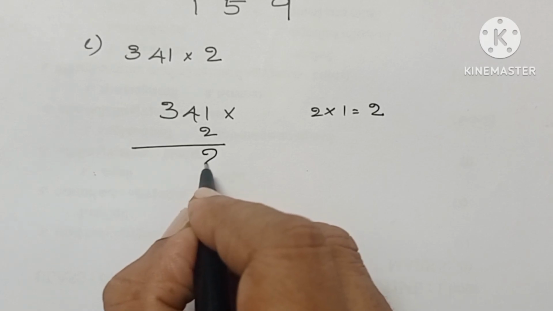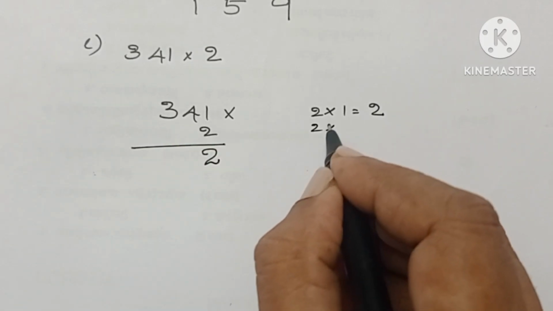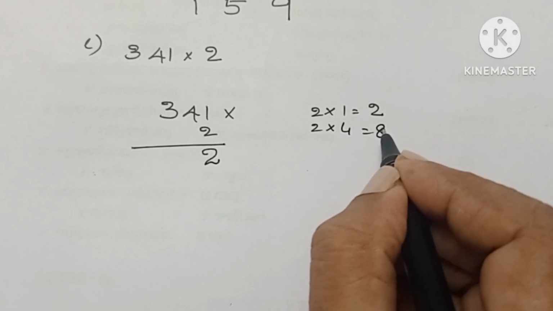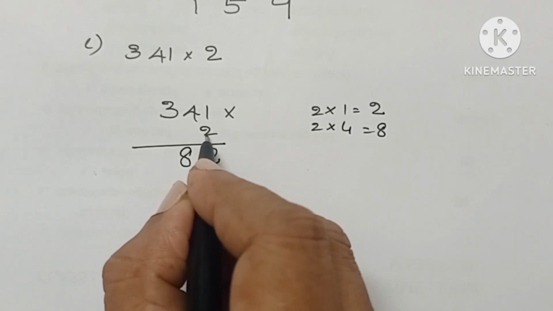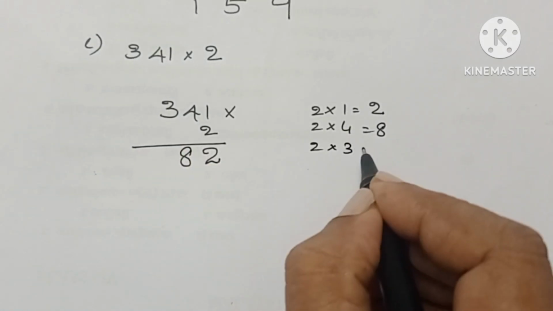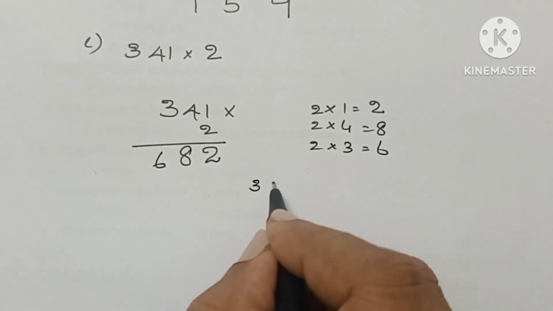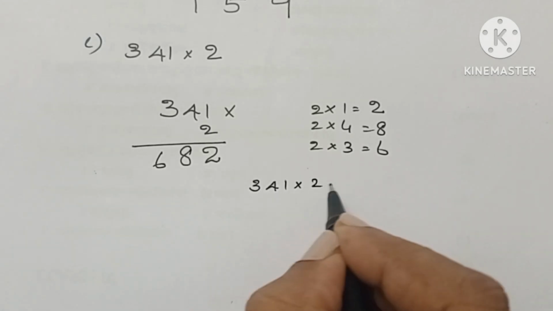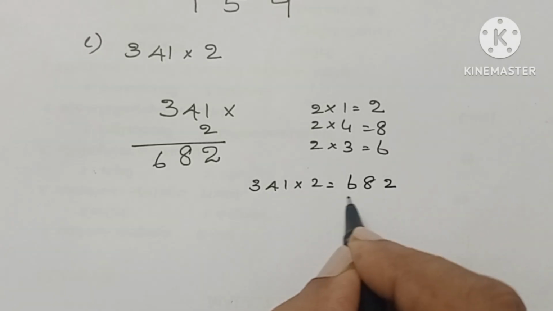We are writing in the ones place. 2 into 4 is 8. In the tens place we are writing 2 into 3, 2 threes are 6. Therefore, 341 into 2 is equal to 682.